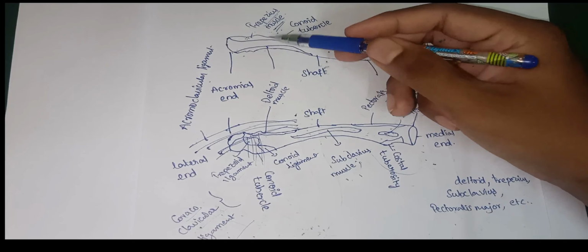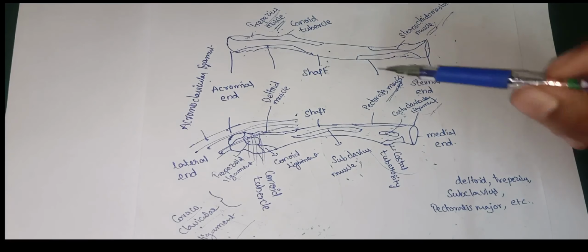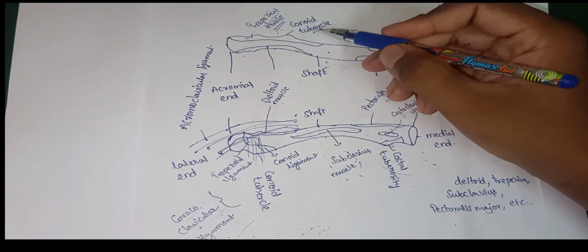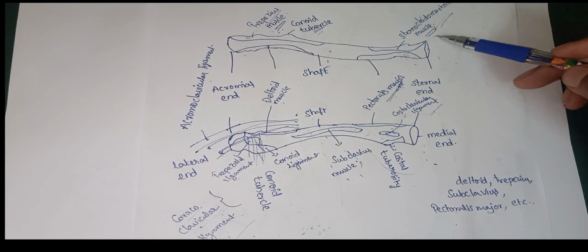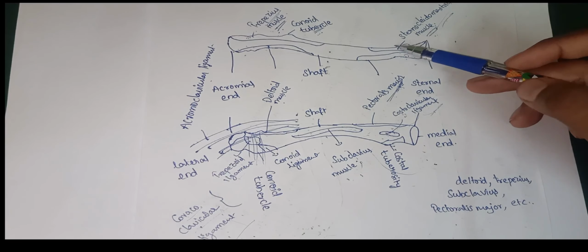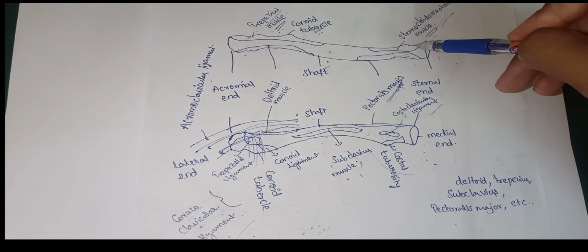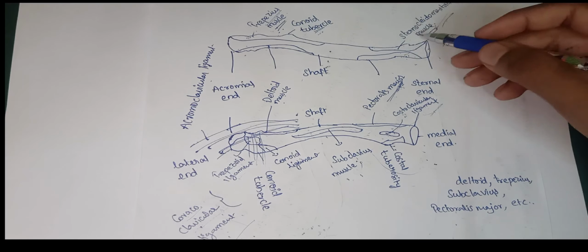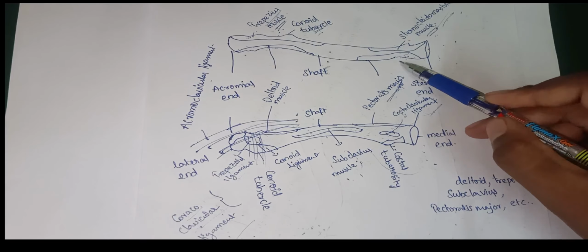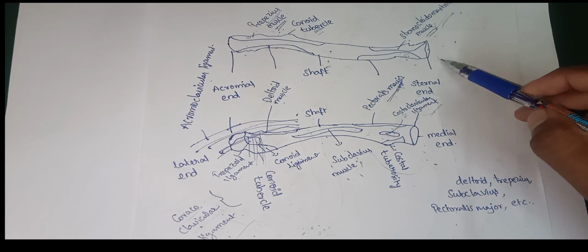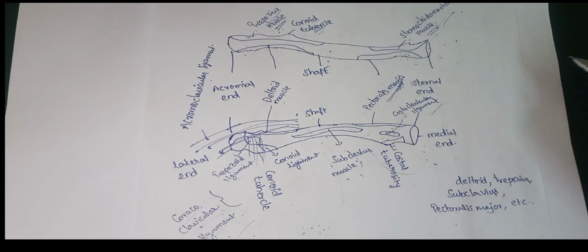Here is the conoid tubercle, and this is the shaft. On the superior part of the medial side of the clavicle we have the sternocleidomastoid muscle, and on the inferior part of the medial side you can see the pectoralis major muscle, which is present in the pectoral region of the human body.